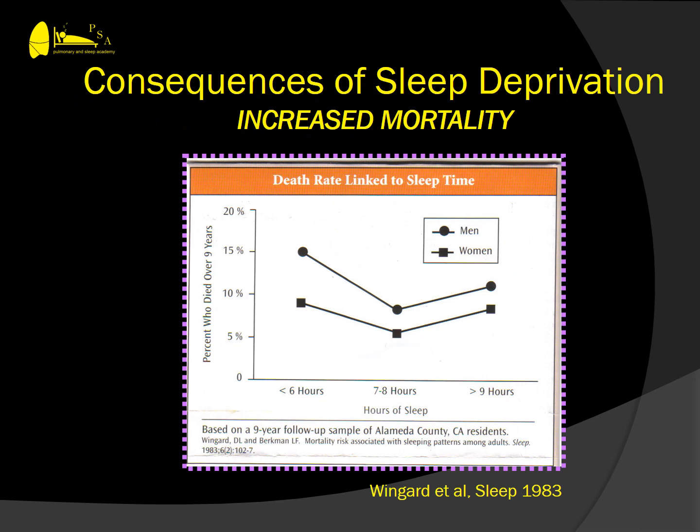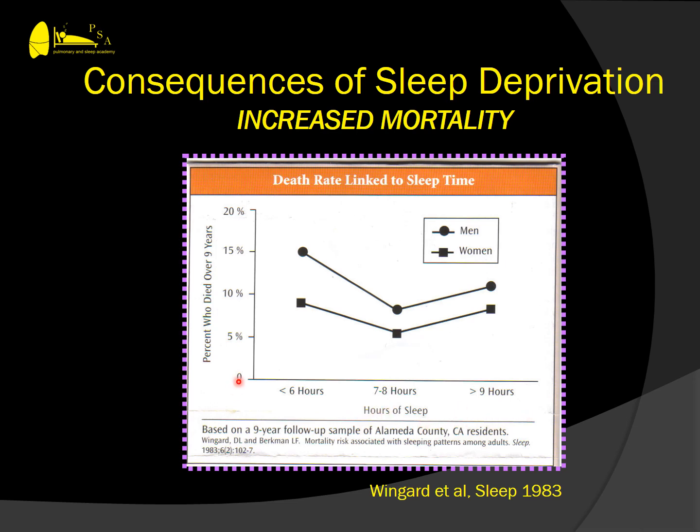So probably the most impressive endpoint about sleep deprivation consequences is that it is associated with an increase in mortality. In this study by Wingard, published in 1983, and in several studies published internationally, including Japan, there were very similar results. What is noted is the groups that sleep for less than 6 hours versus those that sleep 7 to 8 versus those that sleep over 9 hours.